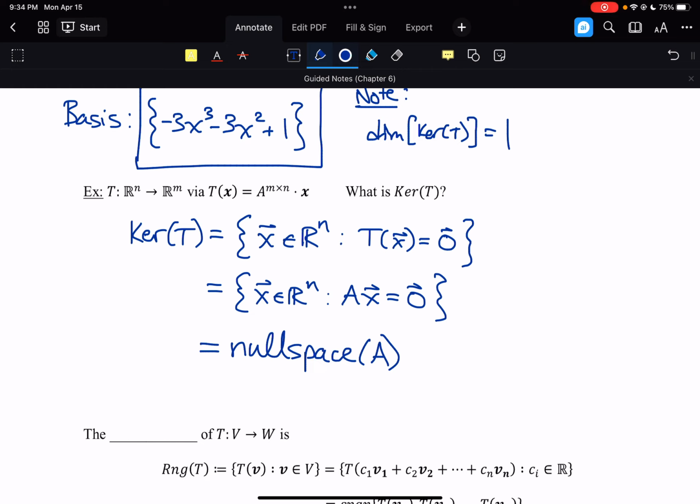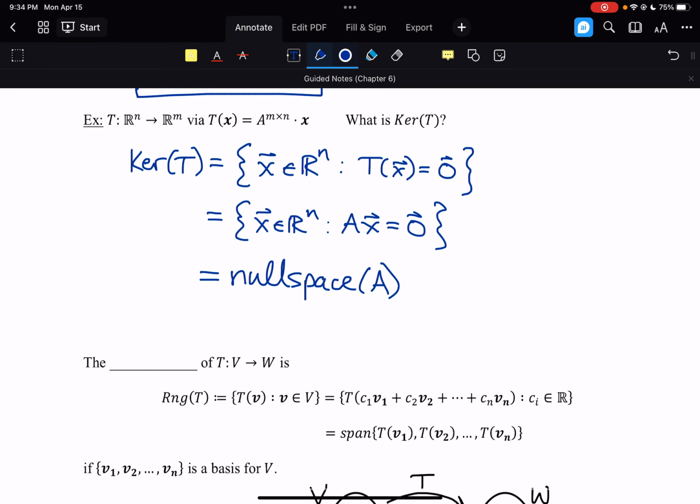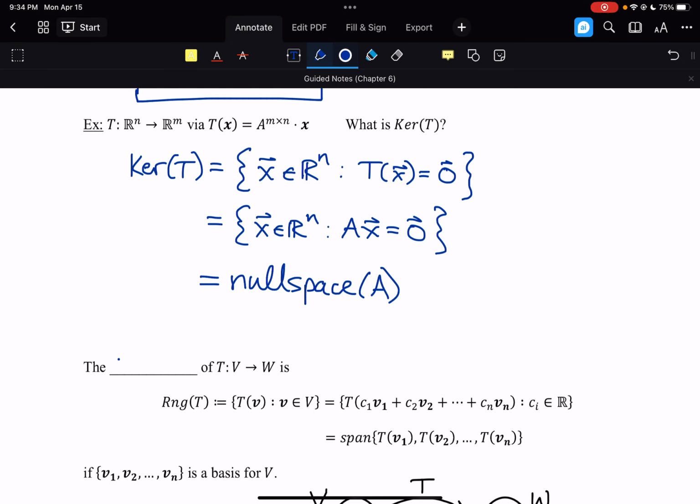All right, so that's the kernel of a transformation. Now we're going to take a look at the range. The range of a linear transformation T is going to be the set of all transformed vectors, T of v, such that v is an element of the input vector space. Again, just to be clear, the range is the transformed vectors.